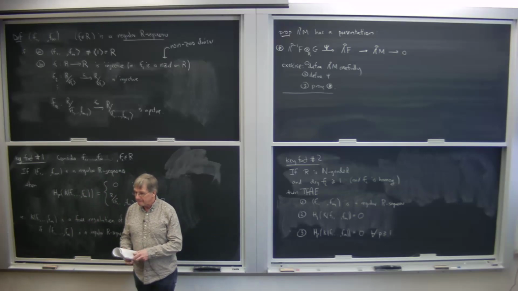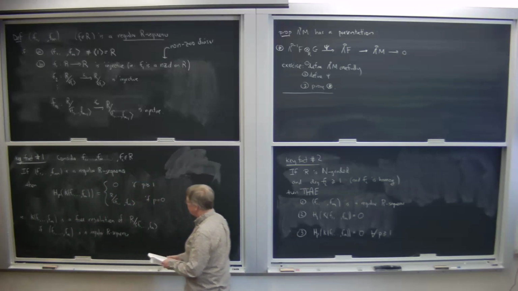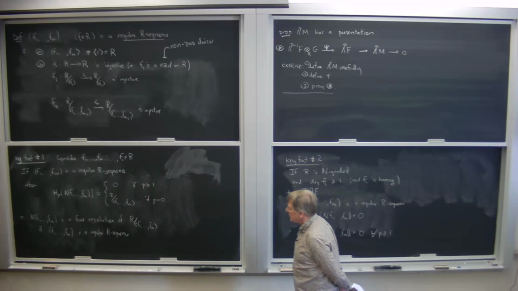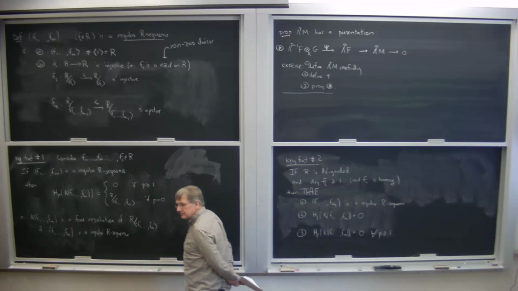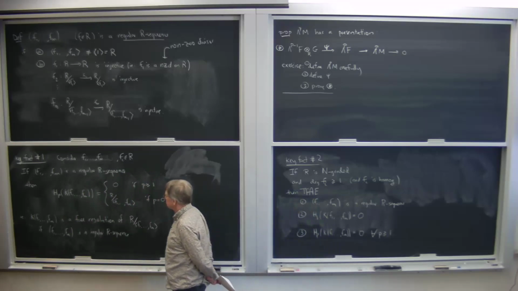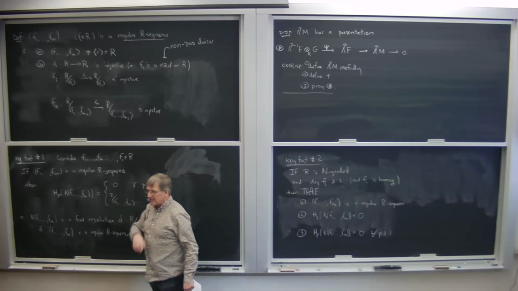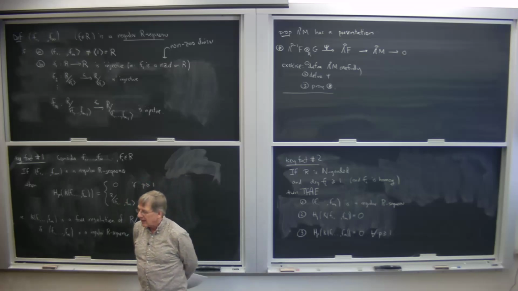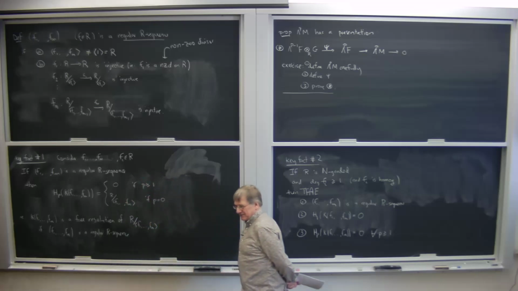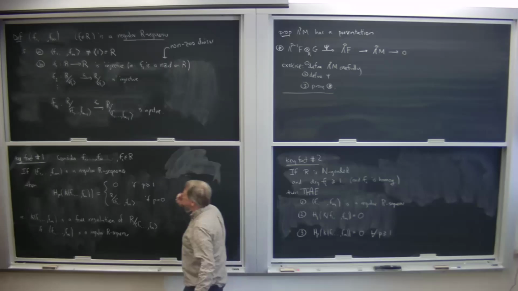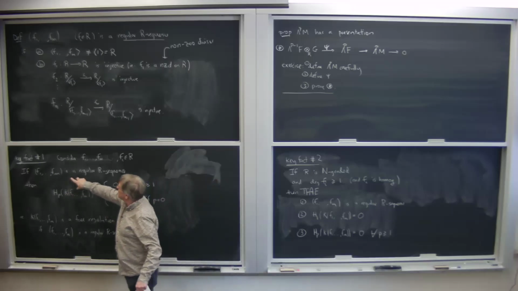Yep. So you said that regular sequences are very common. Take random elements, we get a regular sequence. So the Koszul complex of a random ideal is a resolution, mostly.